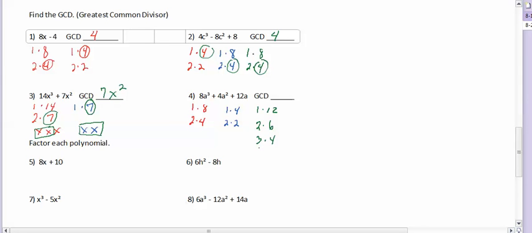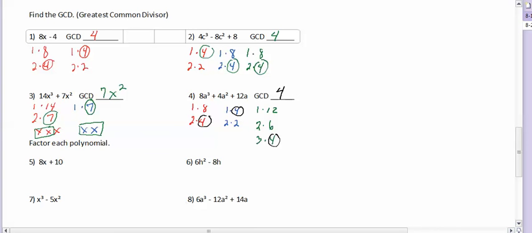I think that's all of them. So now I look to see what is the greatest common factor that they have, our greatest common number. This has an 8, no 8, no 8. Okay, then I go down. This has a 4, this has a 4, and that is 4. So they all have a 4 in common.